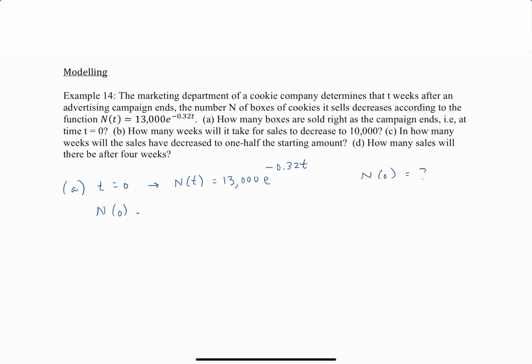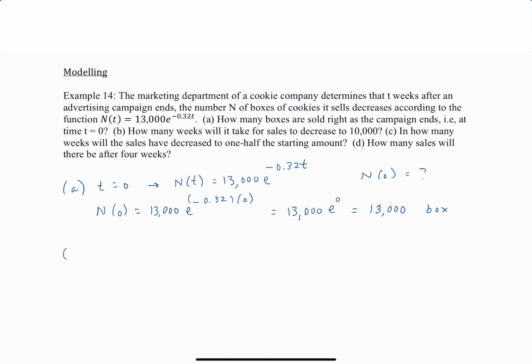Well, let's plug it in and see. So N(0) would be 13,000e^(−0.32 × 0). That gives us 13,000e^0, right? And what's e^0? Anything to the 0 power is 1, so we get 13,000 boxes right as the ad campaign is ending.